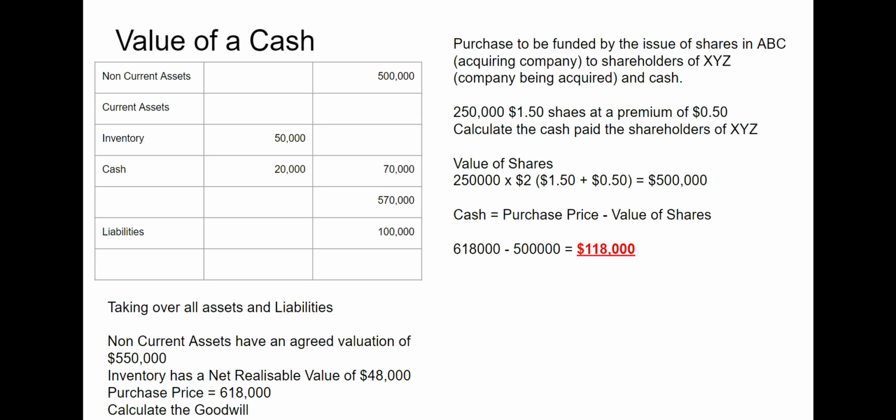Okay, and then all we need to do to calculate the cash that is going to be given to the shareholders in addition to the shares, so long as we know the purchase price and subtract the value of the shares, we will get the amount of cash that ABC need to give to the shareholders of XYZ in addition to these 250,000 shares.